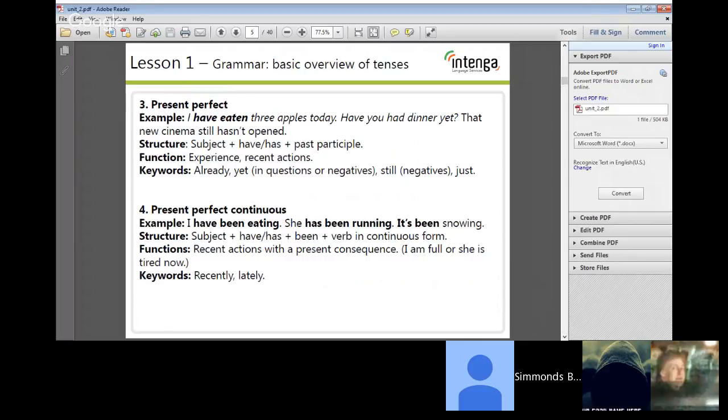So going to this one, let's see, Hakan, can you go ahead and read the type of tense and then the examples only, please? Do you know how to unmute yourself? Because I can't do that anymore.